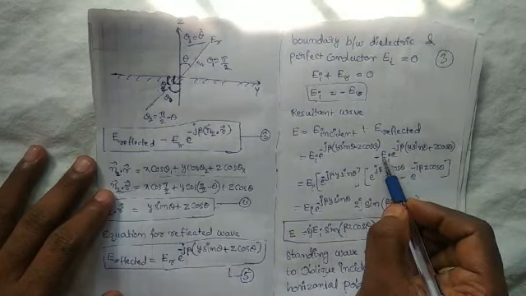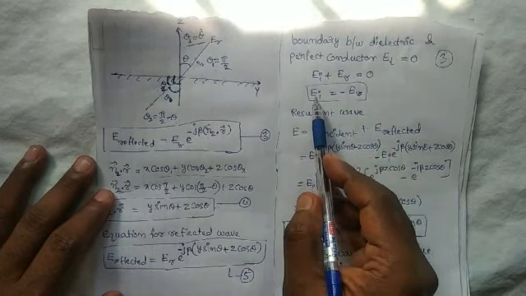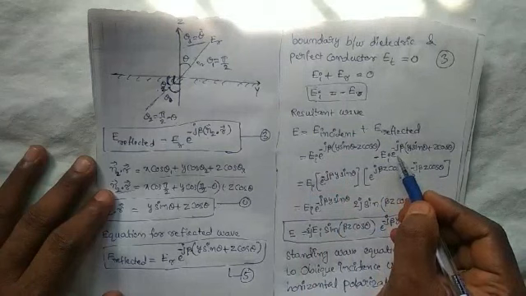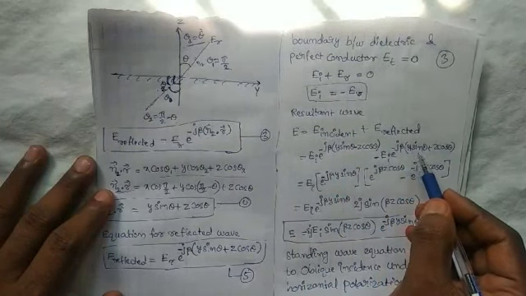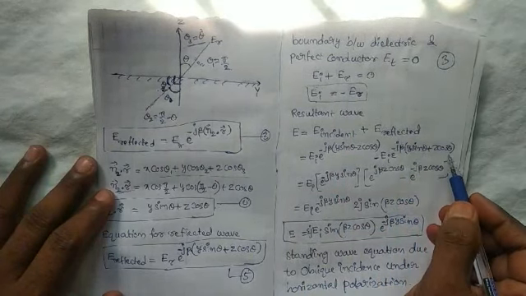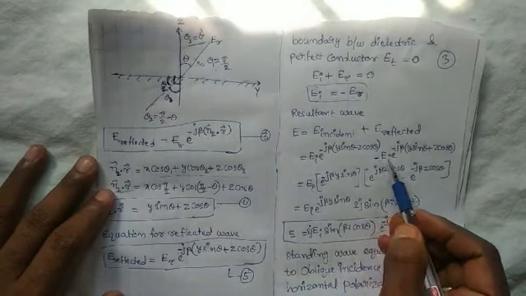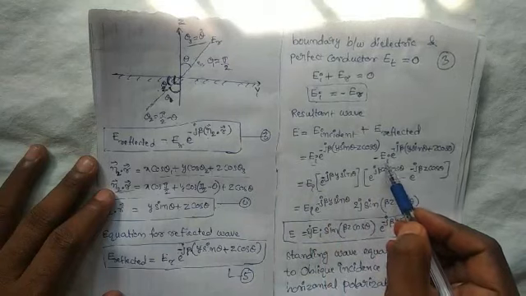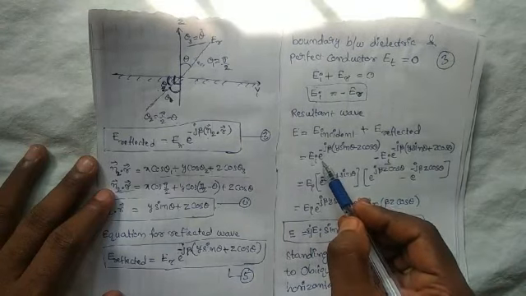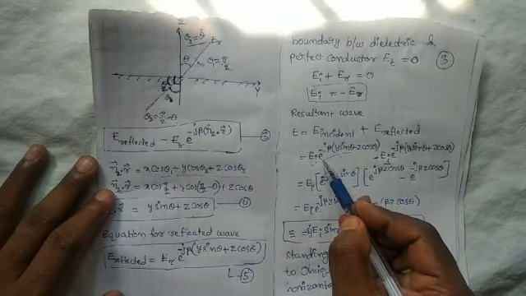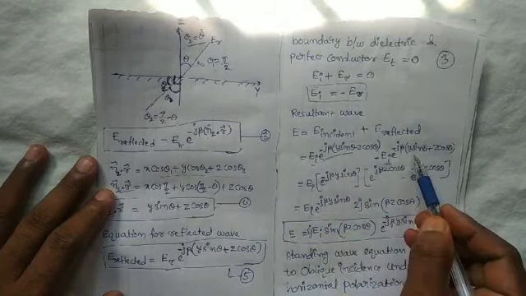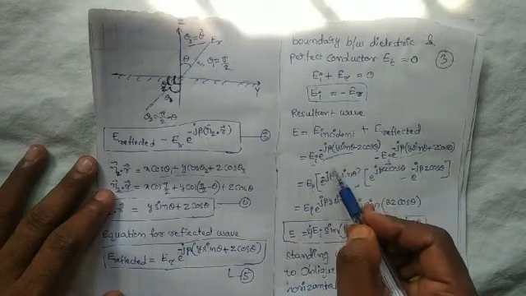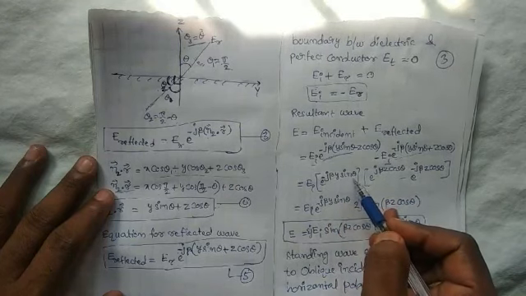Here ER is equal to minus EI from this equation. Here minus EI into e power minus j beta of y sin theta plus z cos theta. In these two terms the common factor is EI. In these two terms the common factor is EI and e power minus j beta y sin theta.